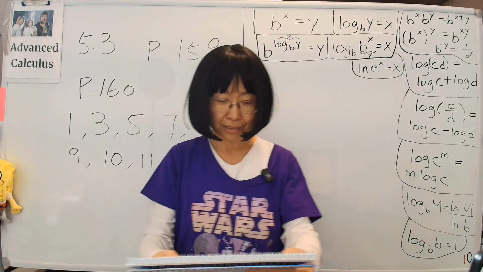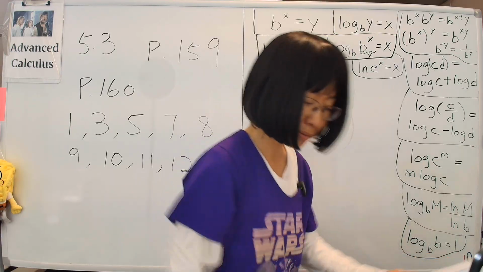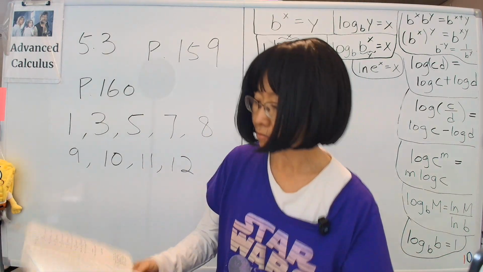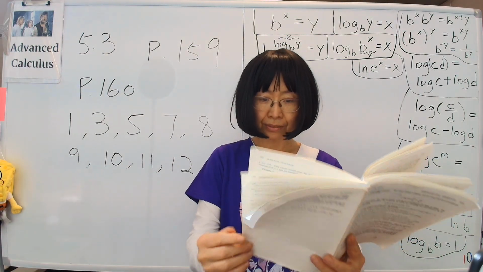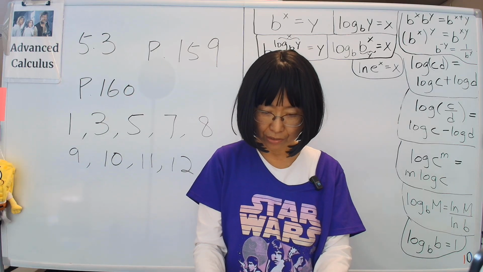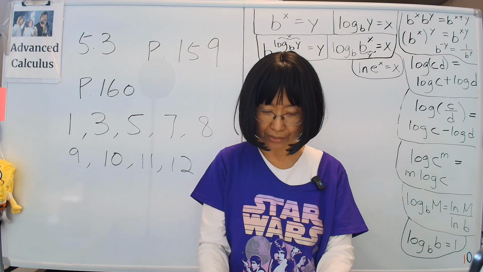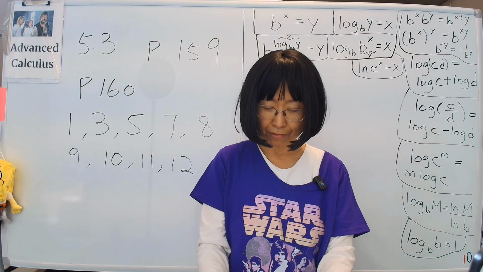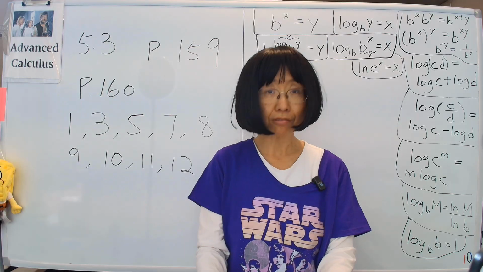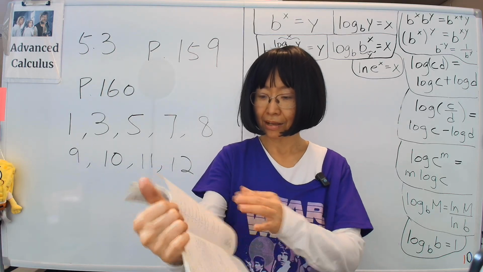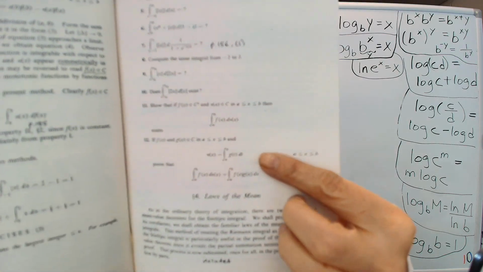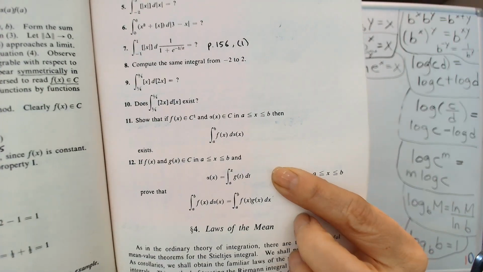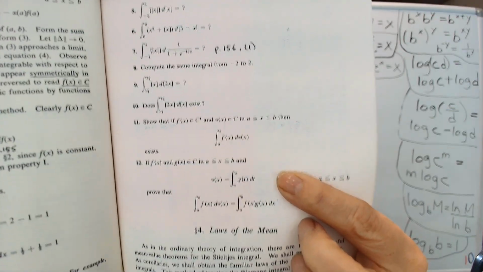Okay, so finally, let's do problem 12. Problem 12 states that if we have a function in C, with alpha of x defined as the integral of something else. Anytime you see this kind of an integral, you automatically think about the fundamental theorem of calculus.